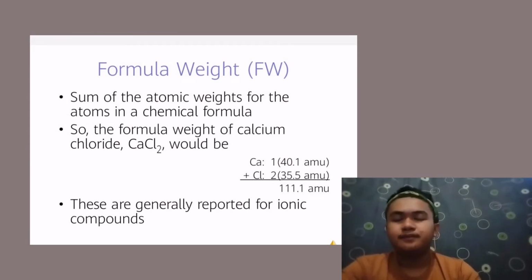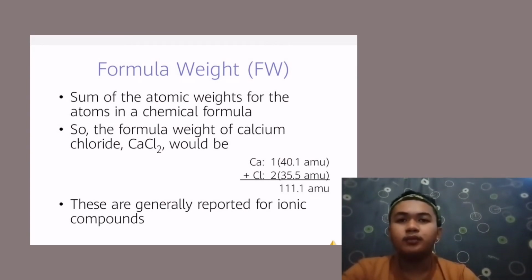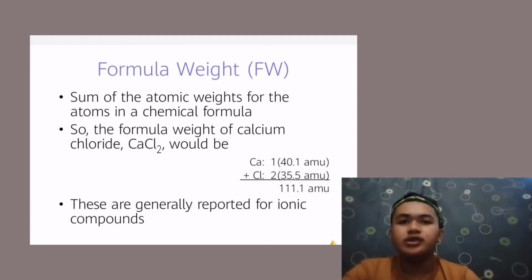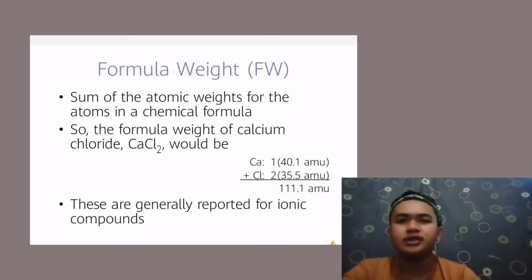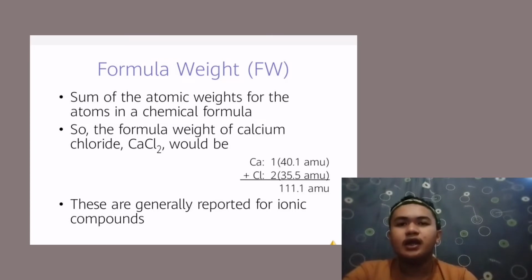Formula weights. The sum of the atomic weights for the atoms in a chemical formula. So the formula weight of calcium chloride would be Ca 40.1 atomic mass units plus Cl2 35.5 times 2, equals 111.1 atomic mass units. These are generally reported for ionic compounds.